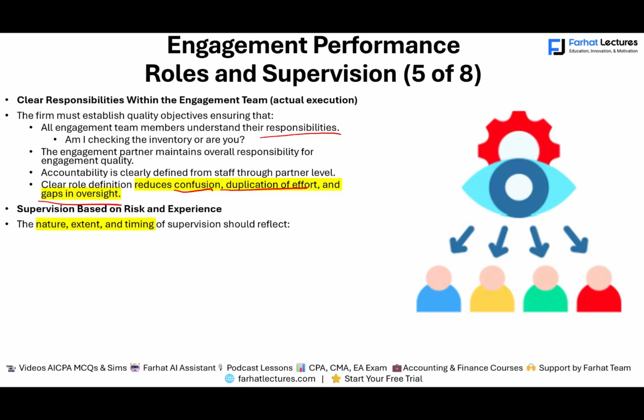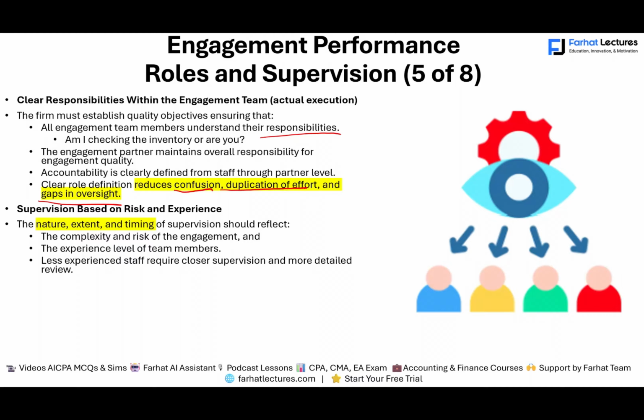The nature, extent, and timing of supervision is not the same for every single account, for every single transaction. The complexity and risk of the engagement will determine how much supervision we should undertake, and also the experience level of the team members. Less experienced staff obviously would require closer supervision and more detailed review.